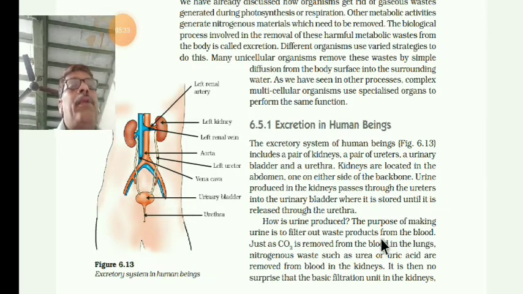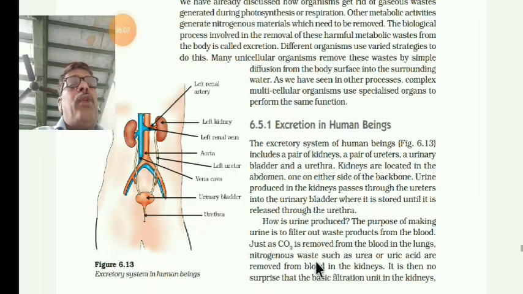Blood is filtered, and the waste products are what we call urine. Just as CO2 is removed from the blood into the lungs, in a similar way here the waste products of the blood are called urine.